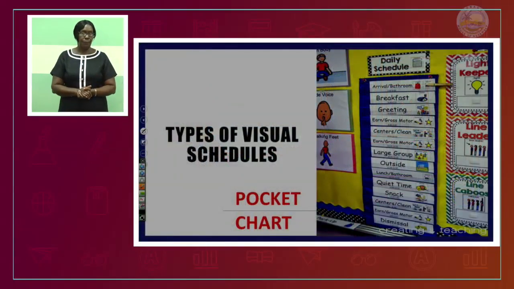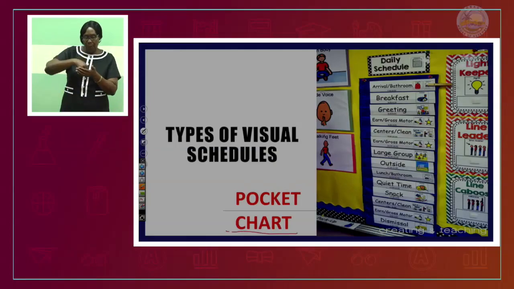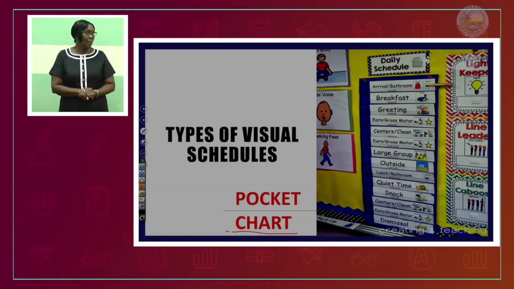Now this is, I have a pocket chart here. Now parents, you may not have a pocket chart at home, right? Teachers may not have a pocket chart as well. And with a visual schedule, you need to identify a place where that schedule is going to be. And let me just pause here for a moment to say that when you have in your setting, so it's not school, it's at home, you would have a selected area where the child goes to do their work daily.